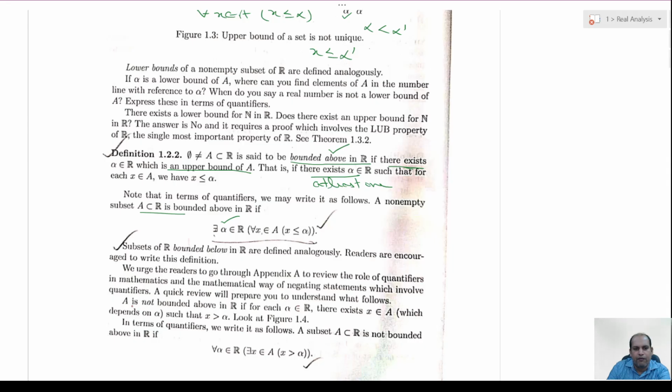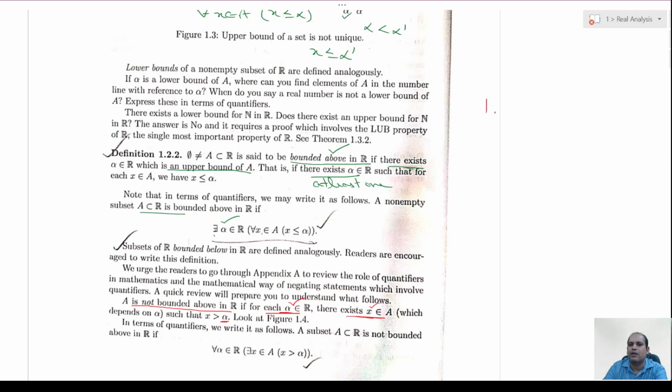So if it is given that a set is not bounded above in R, this means there exists no upper bound. So how to discard that? If for each alpha, given alpha is an upper bound, I need to produce at least one element from the set which exceeds this alpha. In this way we say that a given set is not bounded above.